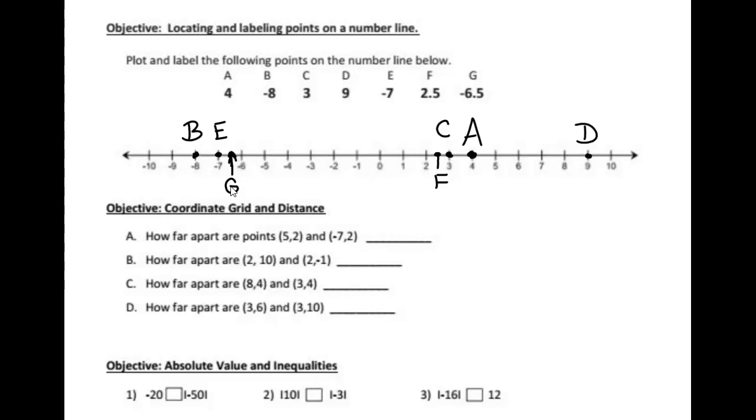Our next objective, coordinate grid and distance. How far apart are points (5, 2) and (-7, 2)? We look for what we have in common. We have the 2's in common, and I'm going to get rid of them. And when we have the same signs left, we will subtract.